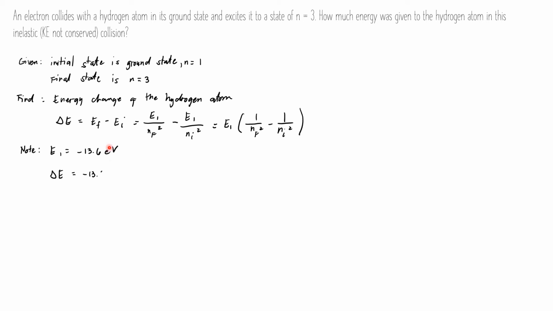So delta E is equal to negative 13.6 times 1 over 3 squared, since n is equal to 3 for the final state, and n is equal to 1 for the initial state. So we can rewrite this as negative 13.6 electron volt times 1 over 9 minus 1, and this is equal to negative 13.6 electron volt times negative 8 over 9.